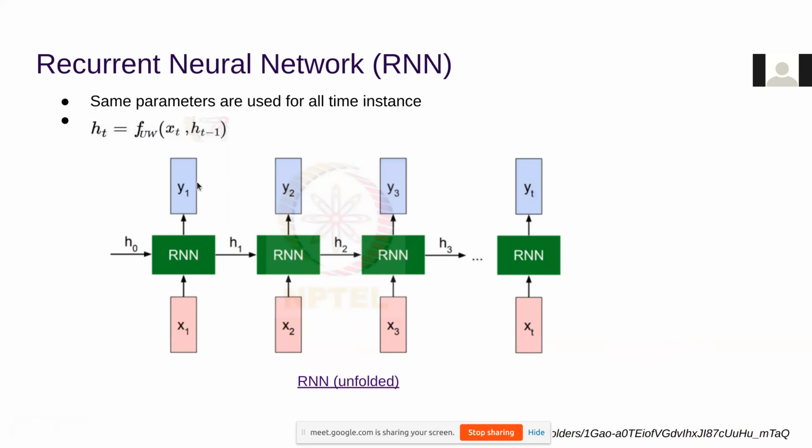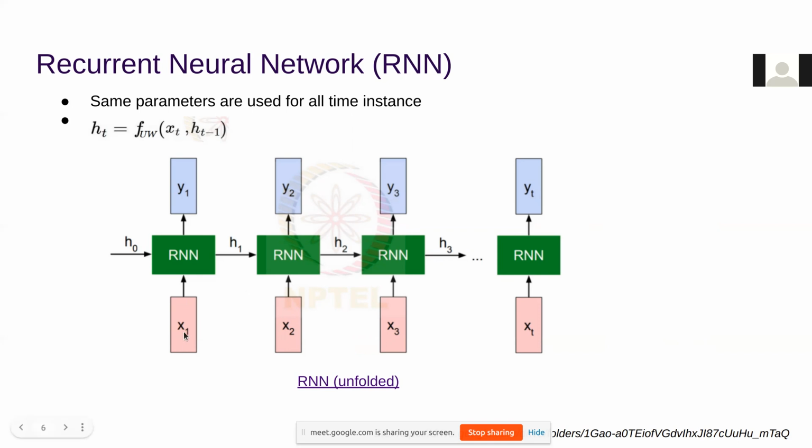So this is how the RNN looks. Suppose x1, x2, x3, and xt are representing the input at different time steps. The subscript here is denoting the different time. So x1 is representing the input at time t equal to 1. x2 is representing the input at time t equal to 2, and so on. y1, y2 up to yt are representing the output at that specific time.